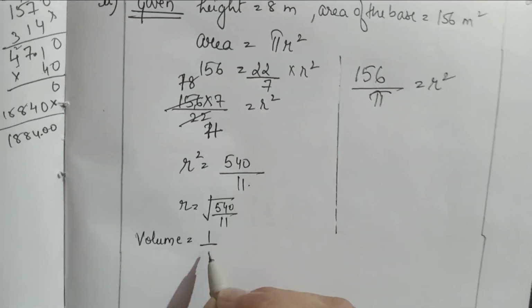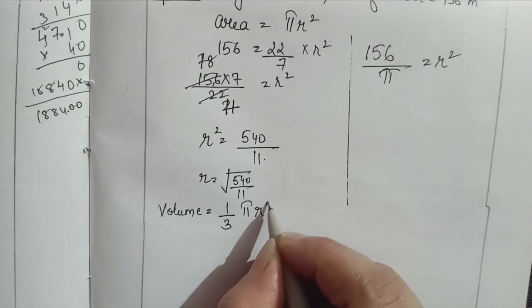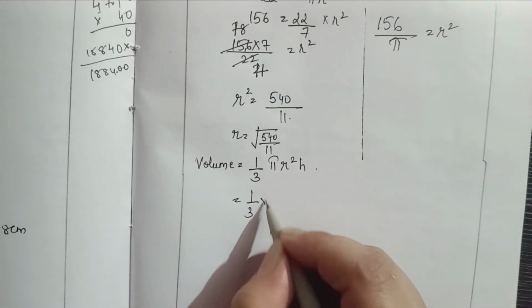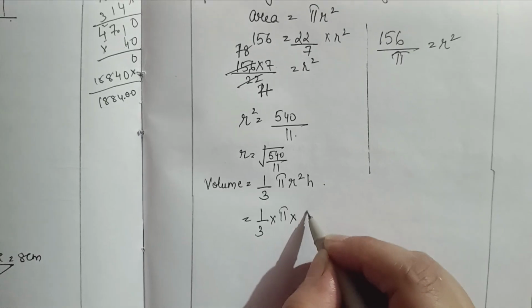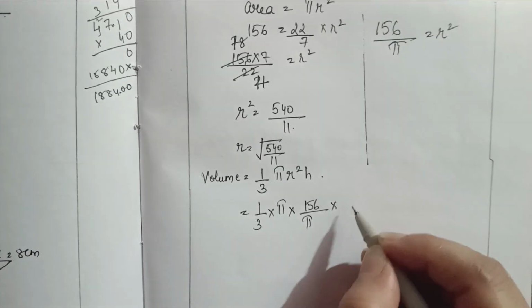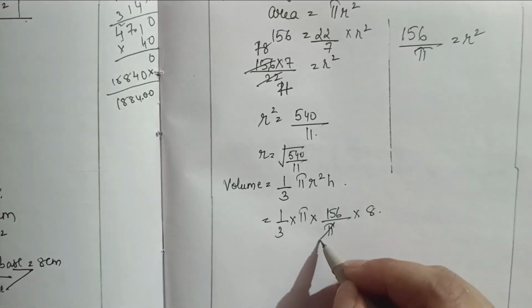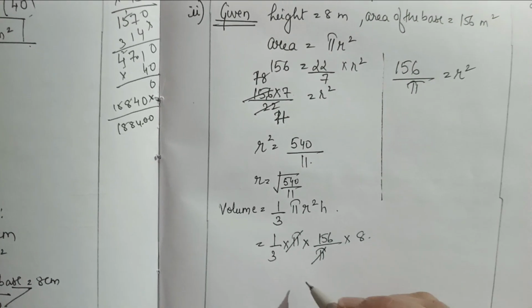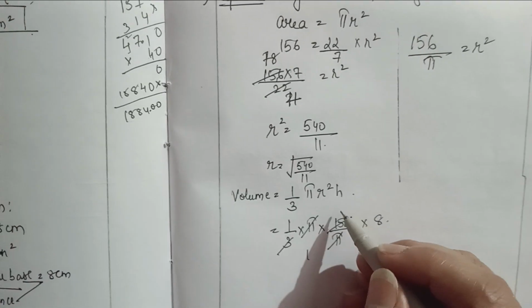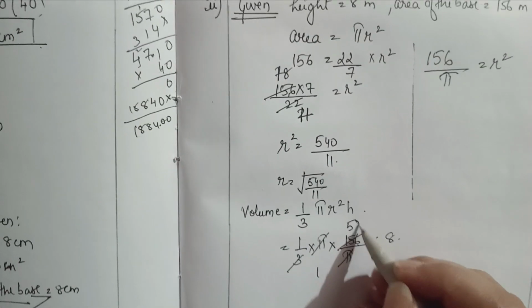So 1/3 pi r square h is the formula for the volume. 1/3 into pi into 156 by pi into h is given 8. Pi gets cancelled with pi. 3 ones, 3 5s are 15, 3 2s are 6.